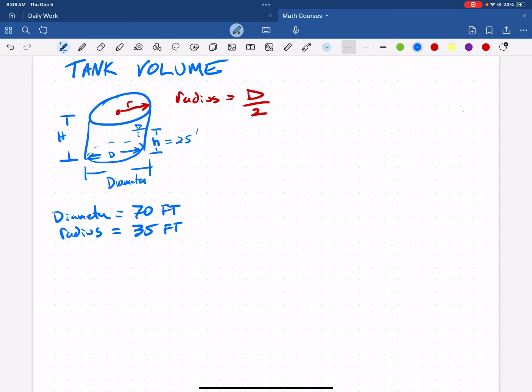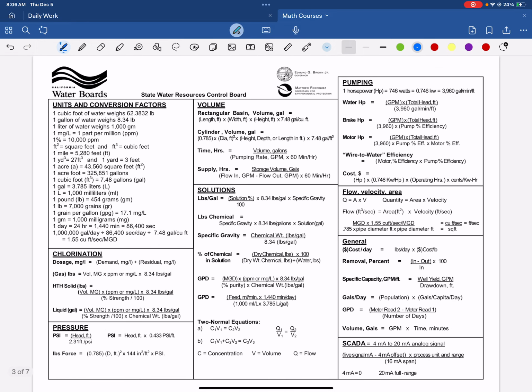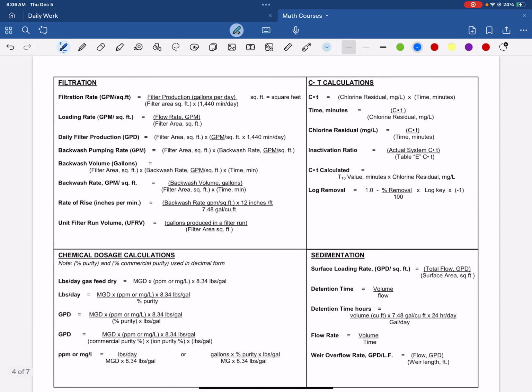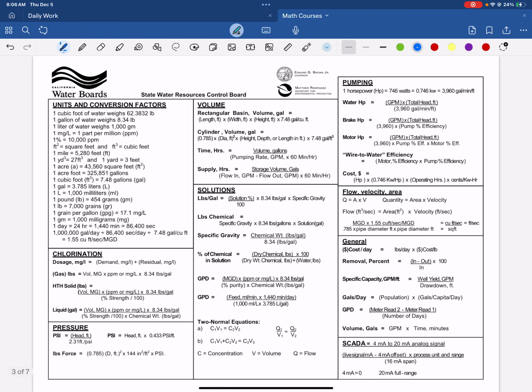So then what we need to do is figure out how we're going to calculate the volume. If you remember yesterday, we talked in the video about the area of a circle. Here where I live in California, the state has this handy little cheat sheet that you're allowed to use on the exam, and they cover a lot of different things. We're governed by the State Water Resource Control Board Division of Drinking Water, and we've got a set of volume formulas here.